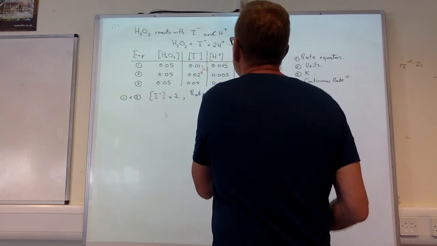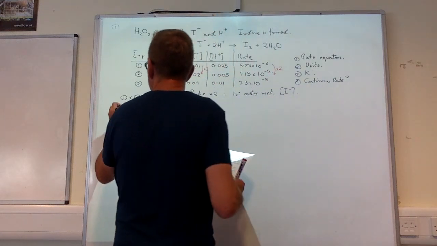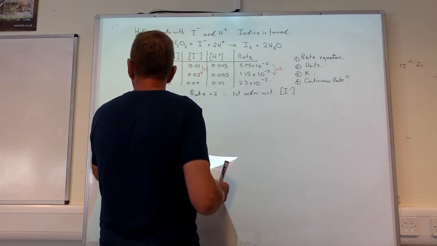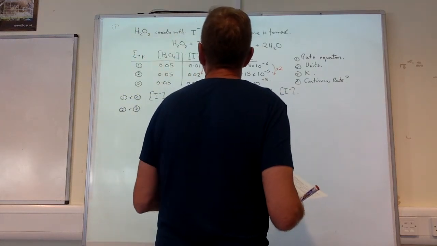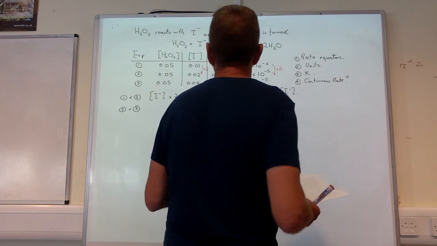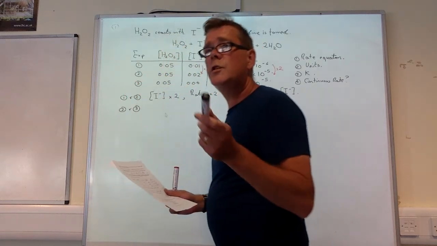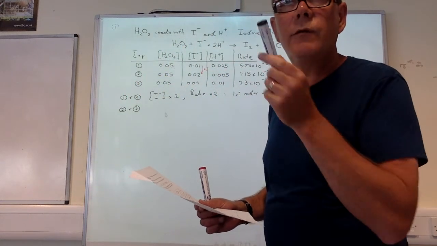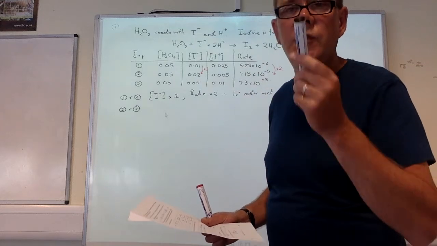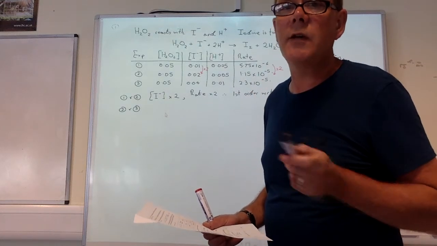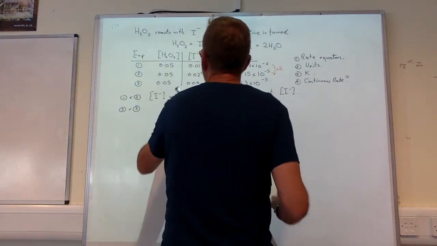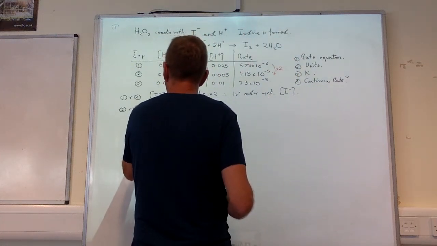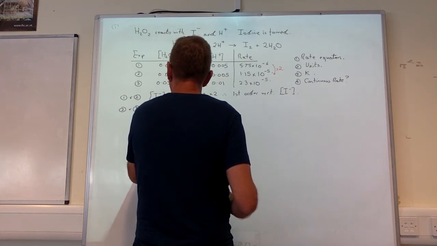Now, 2 and 3. Say, watch this. You should do this yourself. You should have stopped the video and do this yourself. I should have made that clear. You don't think of it yourself, you've got no chance. Okay? Right, look at 2 and 3. Right, well, iodine concentration is doubled.